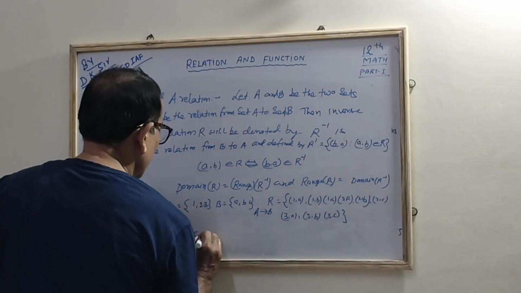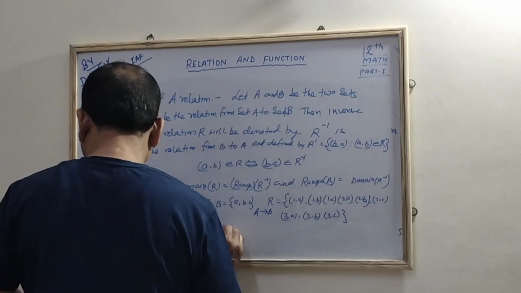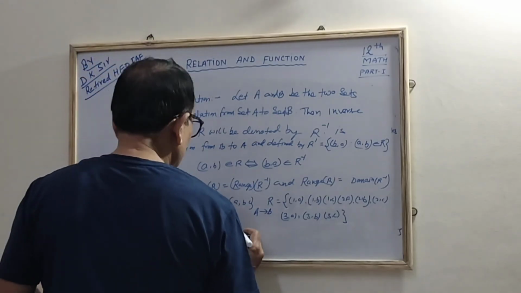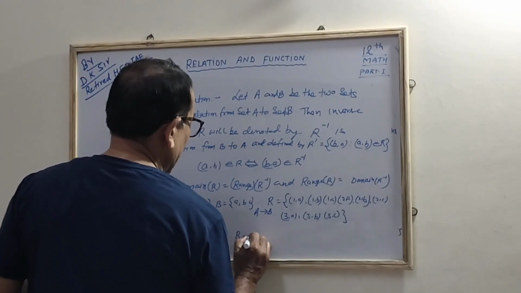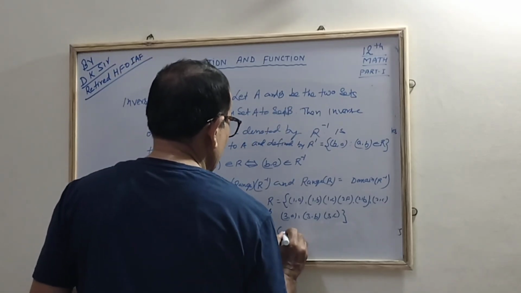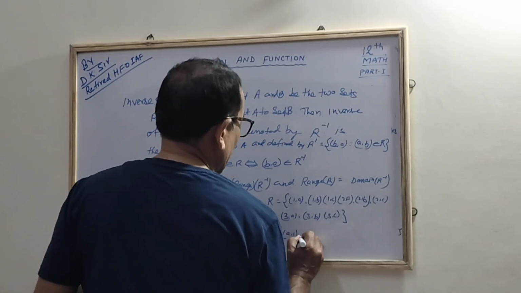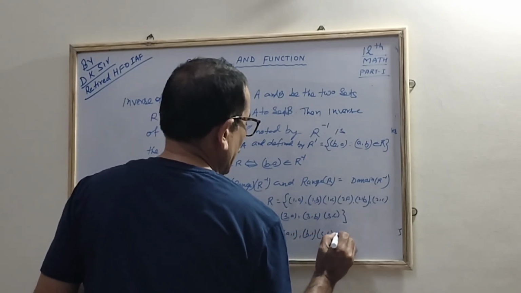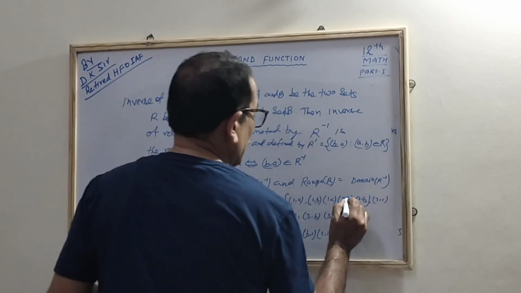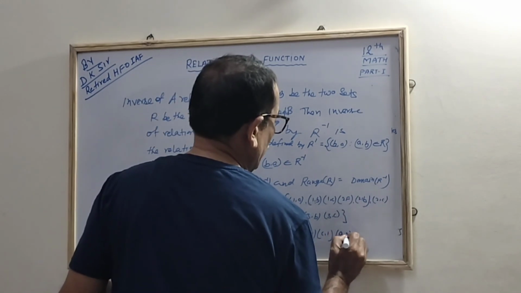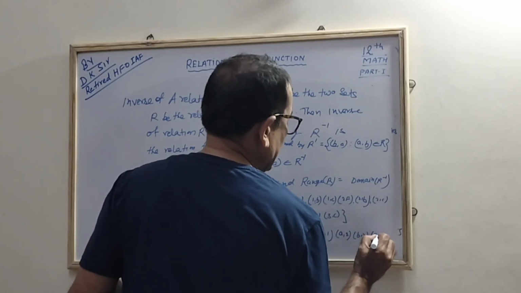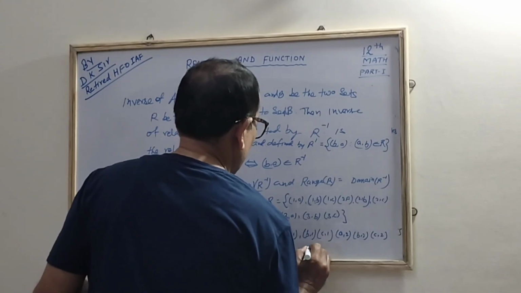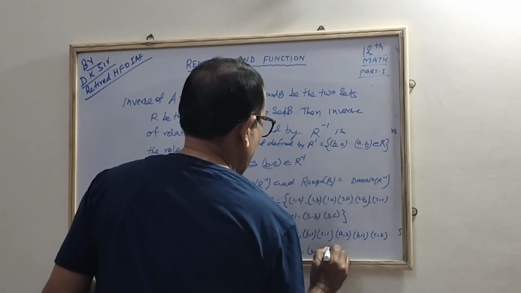Then the inverse of the relation R will be just the opposite of that, meaning it will be the relation from B to A. In this condition, we will change (1,a) to (a,1), (1,b) to (b,1), (1,c) to (c,1), and likewise (b,2), (c,2), (a,3), (b,3), and (c,3).